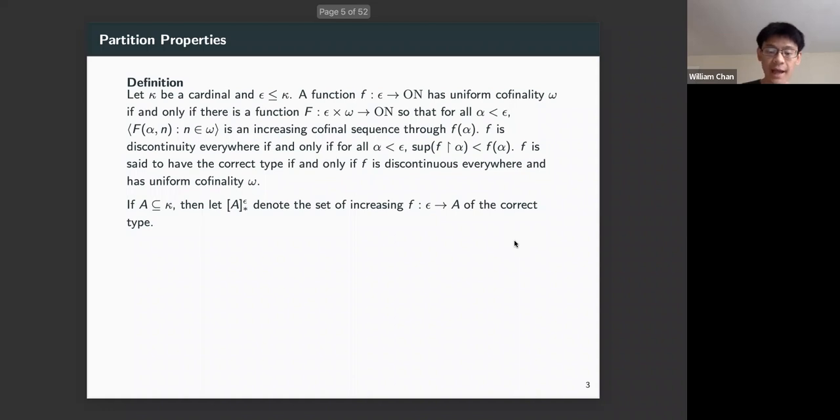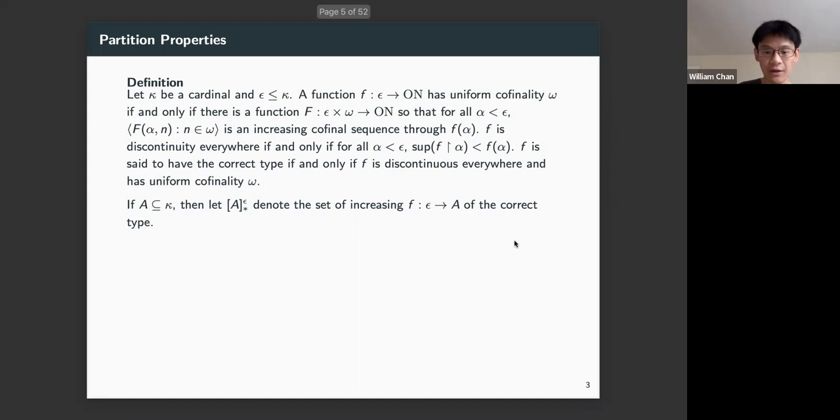If you have a subset A of kappa, I'll let A to the epsilon sub star denote the collection of increasing functions from epsilon through A of the correct type. This notion of correct type appears very naturally in proofs of partition properties under determinacy. I'll need this concept to make all the statements formally correct, but at the level we're working with, it's not too important if you just think of these as increasing functions.